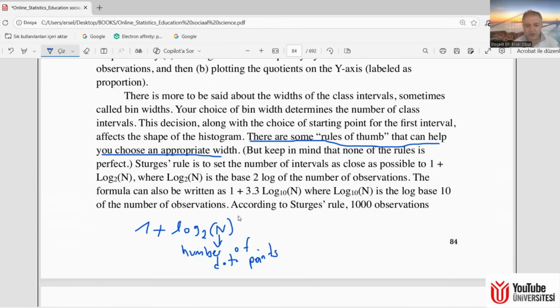Let me do the math for you. Let's assume you have just 16 data points. Then you put log base 2 of 16, which gives you 4. 1 plus 4 gives you 5. So you will need 5 classes based on this formula.